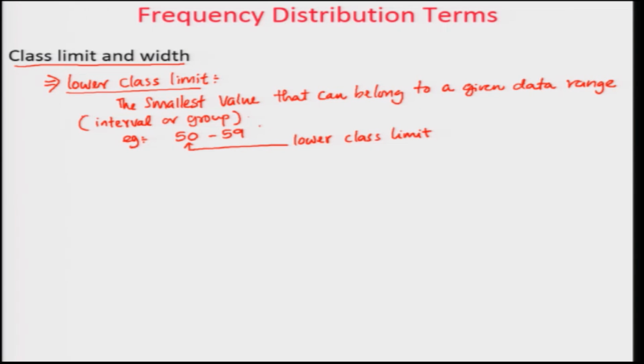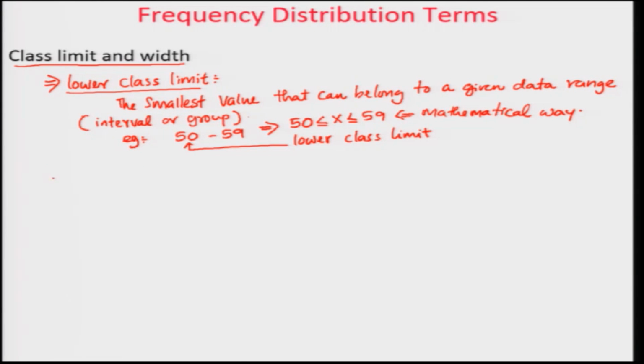Mathematically, this means 50 less than or equal to x less than or equal to 59. So, you are saying that all values between 50 and 59, including both, fall into this particular group, of which 50 is the lower class limit.